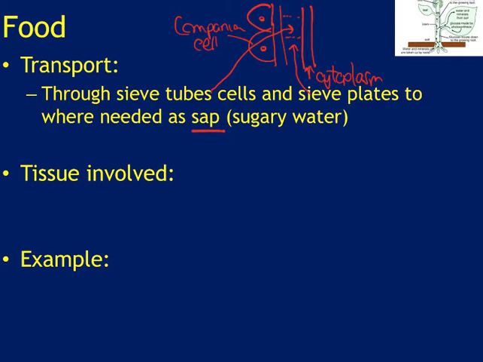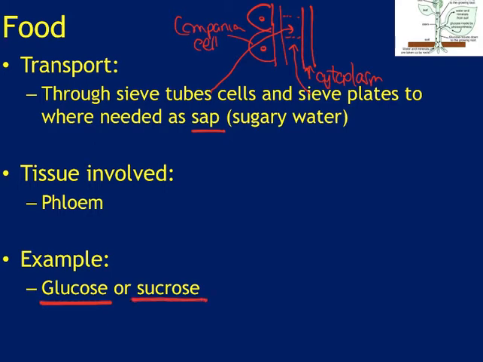So it's going to go to wherever it's needed, and the tissue involved in transport of this sap is our phloem. The food that's going to be transported through it is usually sugars, so glucose or sucrose. If we remember from our immobilized enzyme experiment where we put the sucrose through the immobilized beads, sucrose is two glucose molecules stuck together. So sucrose is a disaccharide, whereas glucose is a monosaccharide.